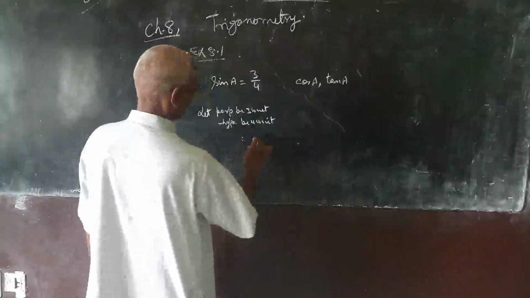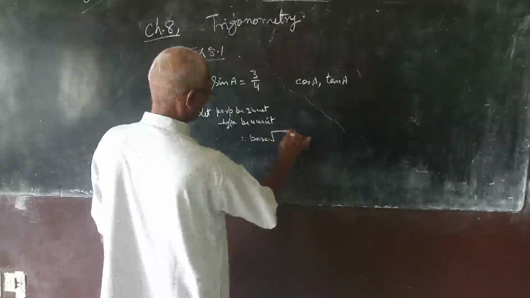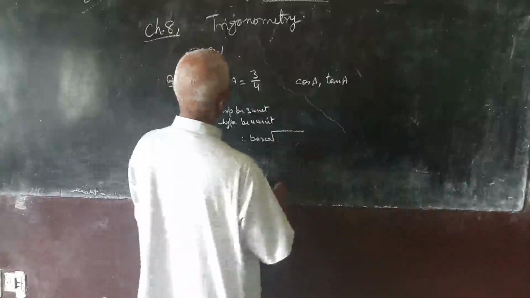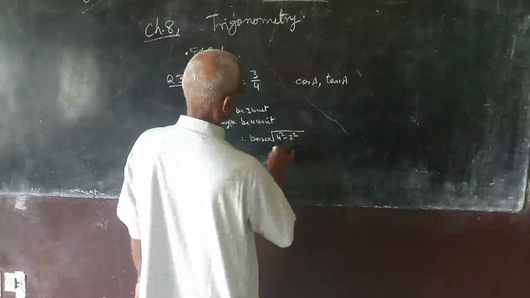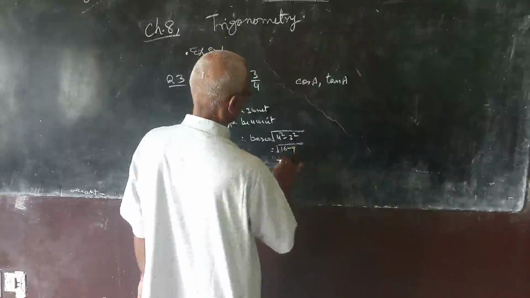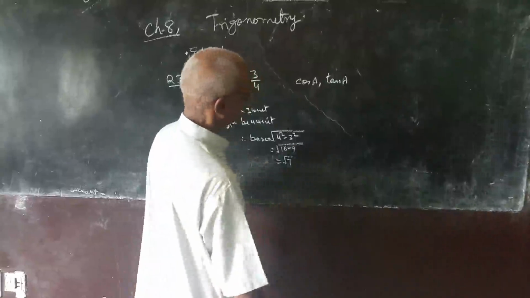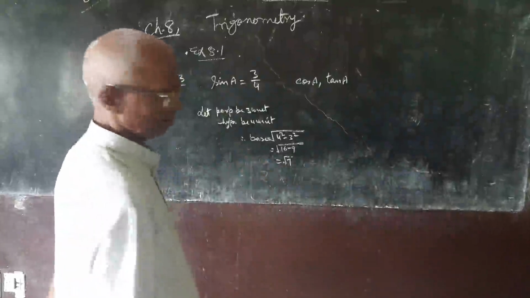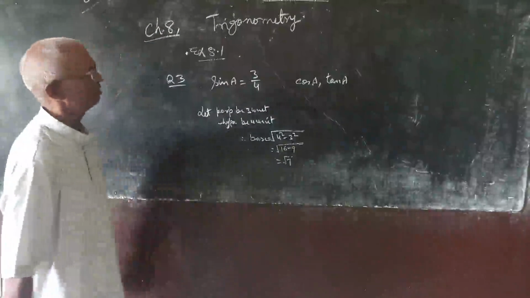Therefore, base is equal to the square root of h square minus p square, means 4 square minus 3 square. Here it will come 16 minus 9, which is the square root of 7, because 7 is not a whole square number.